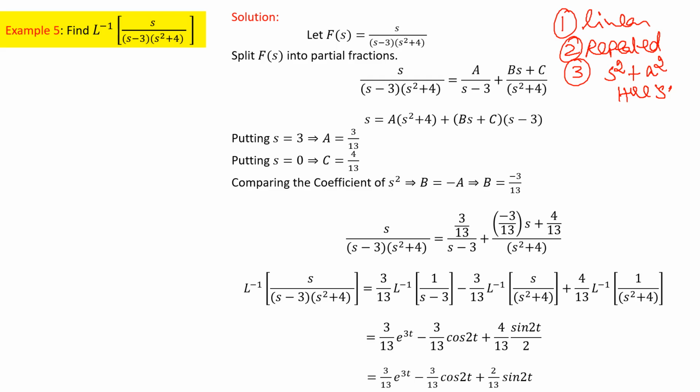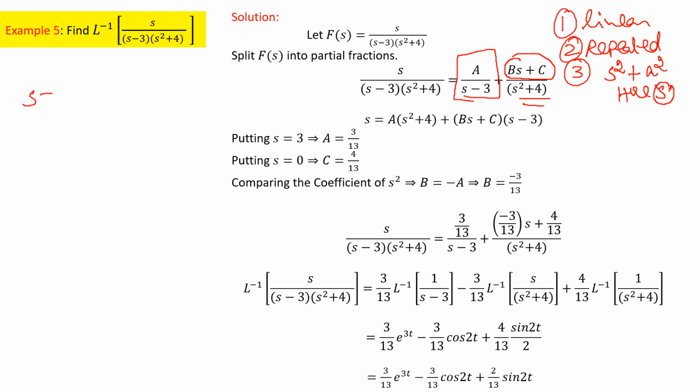The partial fraction is going to be written like this: A by the linear factor s minus 3. Since s is missing in the quadratic form, you have to multiply s with b. So the second term you can write bs plus c divided by s power 2 plus 4.